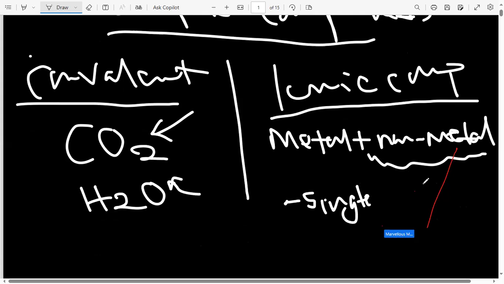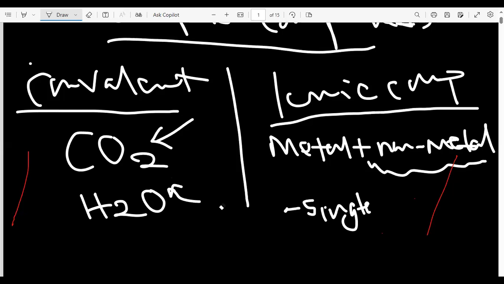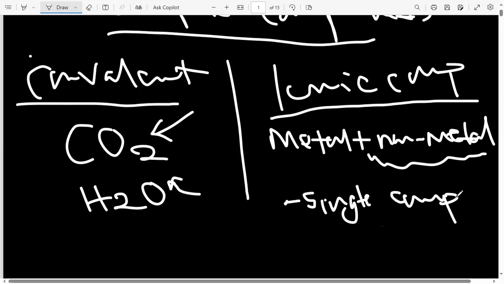So in ionic compounds, we have a metal that is combining with a non-metal. That non-metal part can be a single non-metal, or what we call grouped ions or radicals.